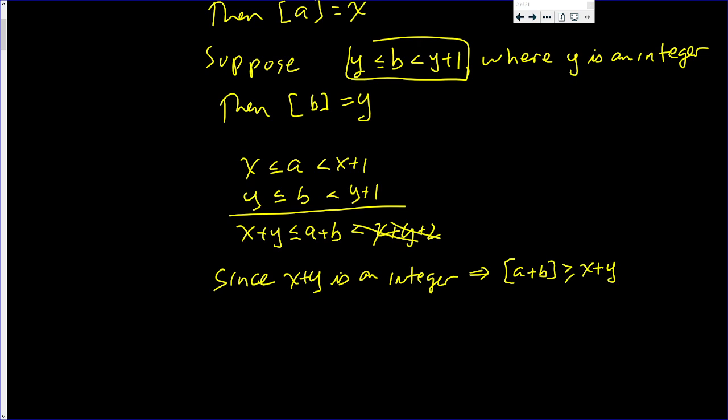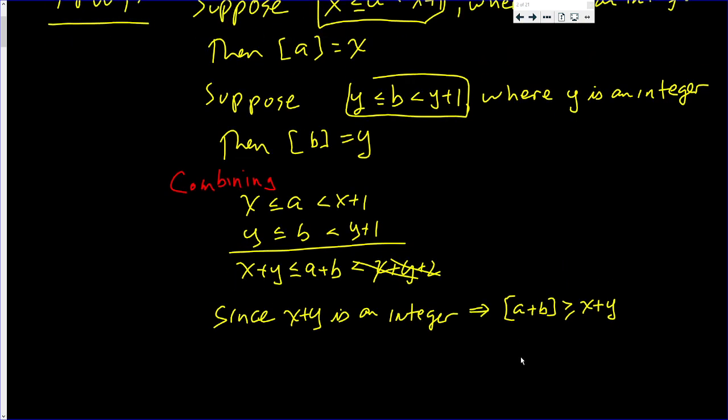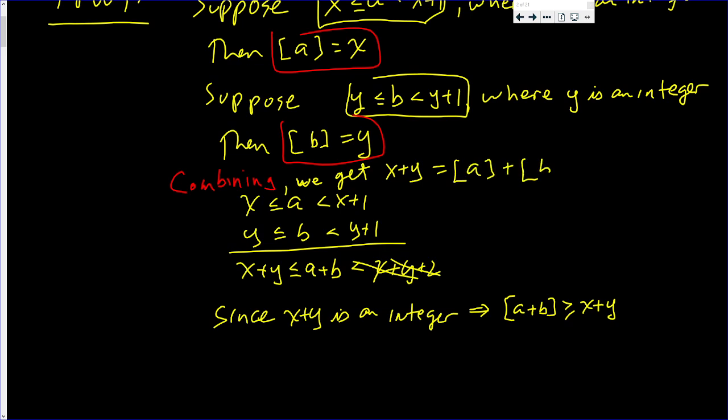Now, I don't know why the color changed, but combining this and this, we get that x plus y is equal to the greatest integer of x plus the greatest integer of y.